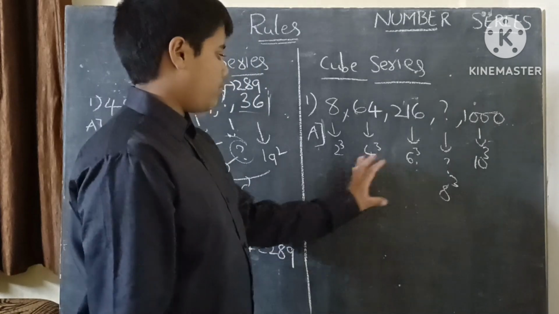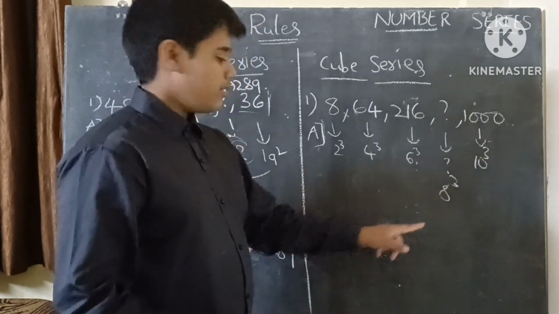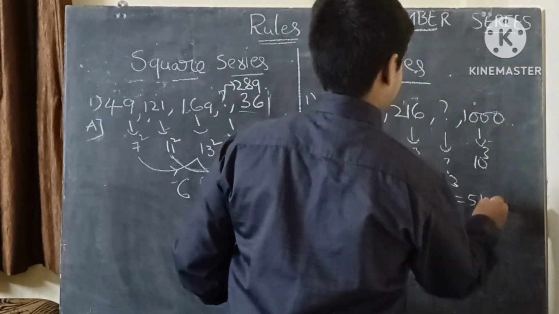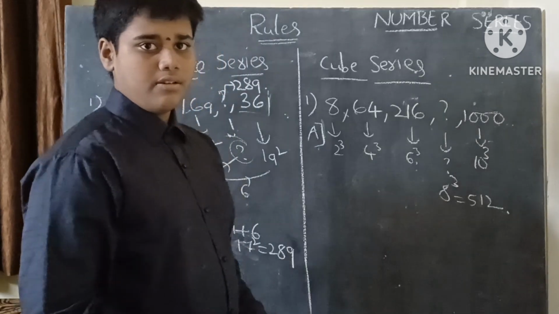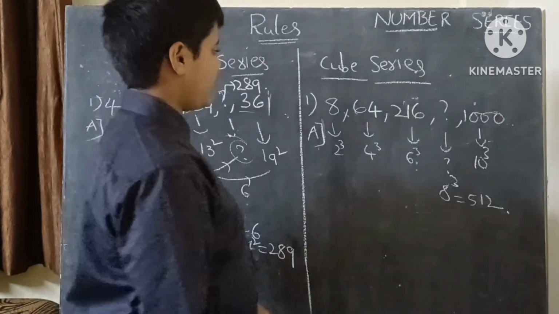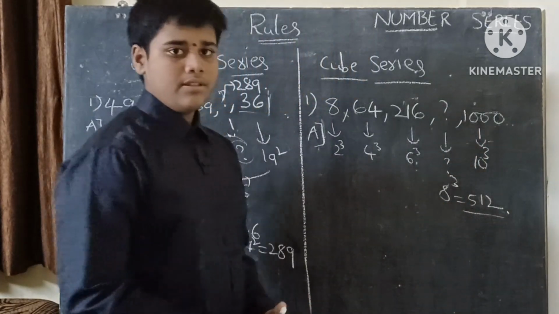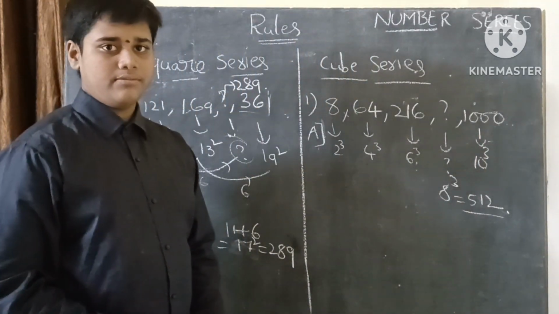Because according to the logic, even numbers 2, 4, 6, 8. So here 8 cube means 512. Okay. So this is the logic for the cube series. So these are the square series and cube series.